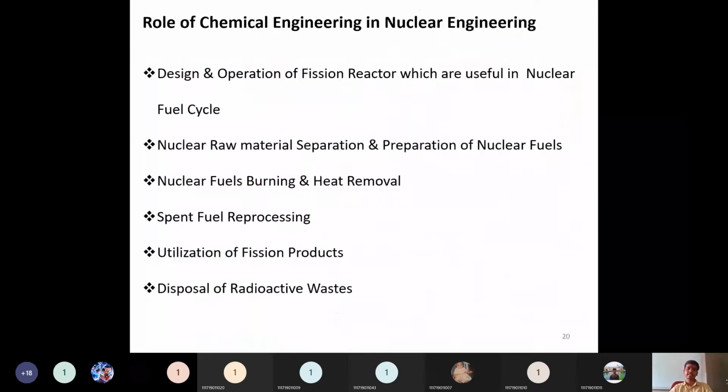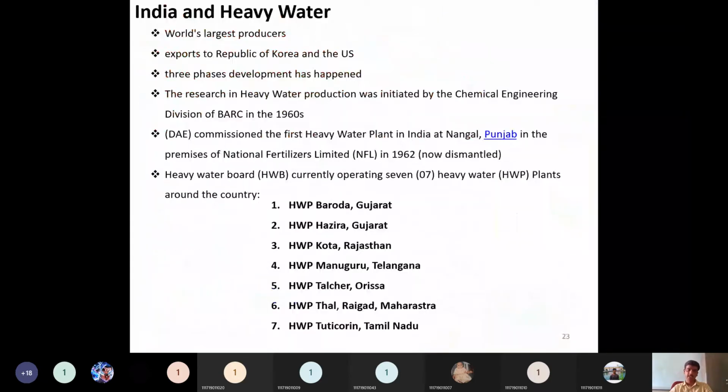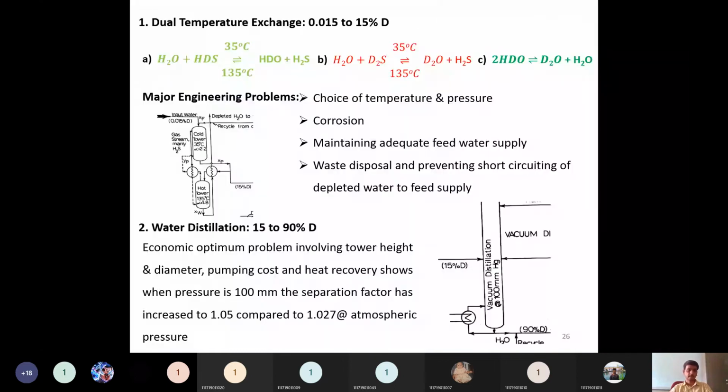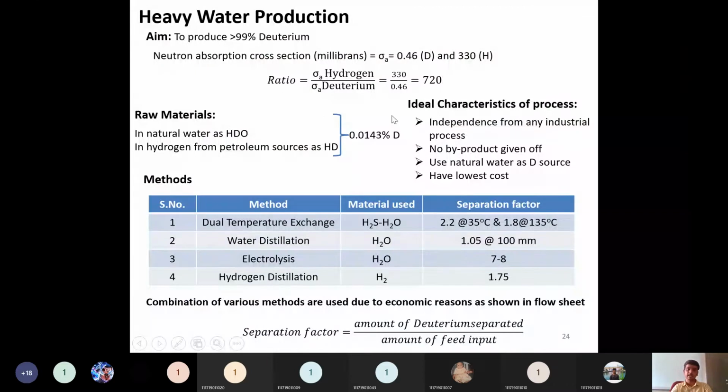What are the various ideal characteristics? Deuterium oxide possesses many ideal characteristics. First, this process is independent of other industrial processes. The production of HDO, or deuterium oxide, whatever we are taking, is independent of any other industrial process.